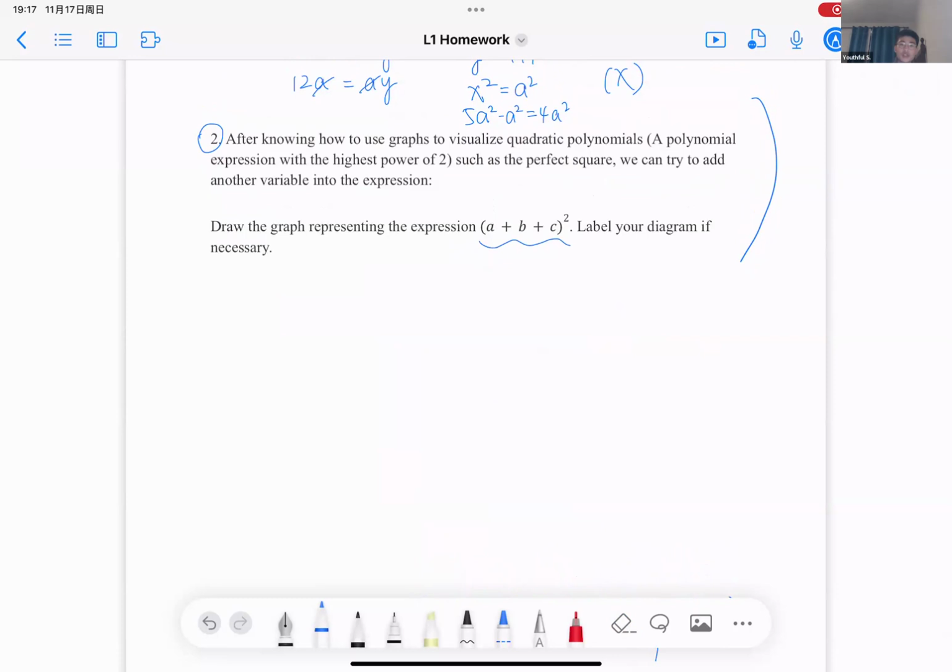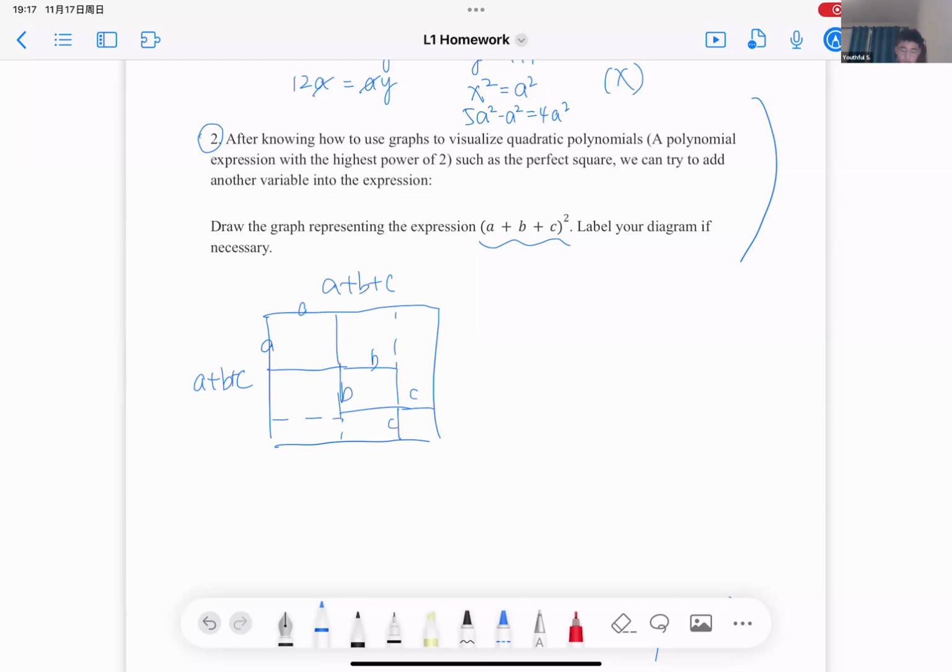Well, if you say squared, remember last time we talked about squares, we can either do it as an exponent of 2 or convert it into the shape of a square. So this equation is basically just a square whose side length is a plus b plus c. So now we have a squared and b squared and c squared.